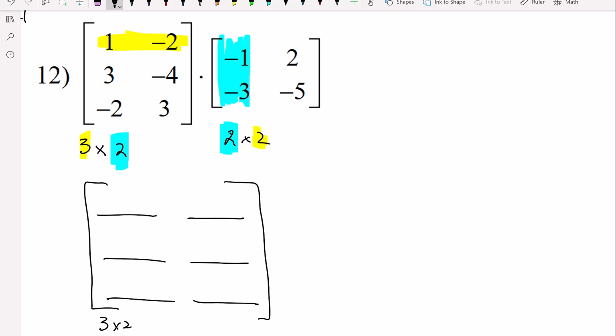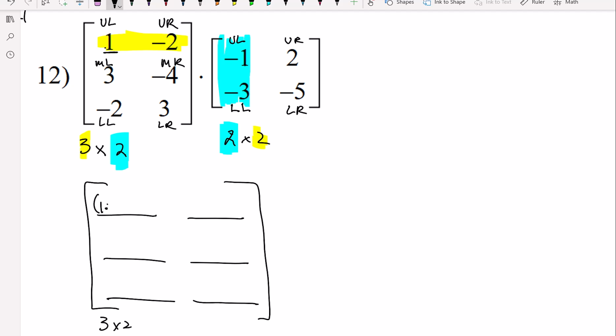So this is upper left, this is upper right, this is lower left, this is middle left, this is lower left, middle right, lower right. So upper right, lower right. All right, so we're going to do the same thing we did before. Upper left times the upper.